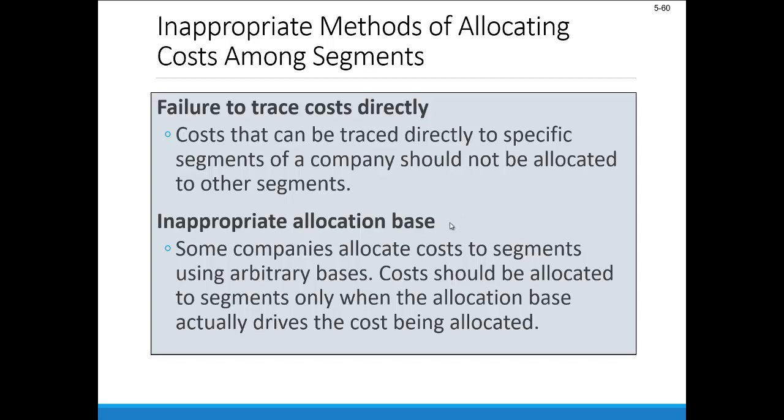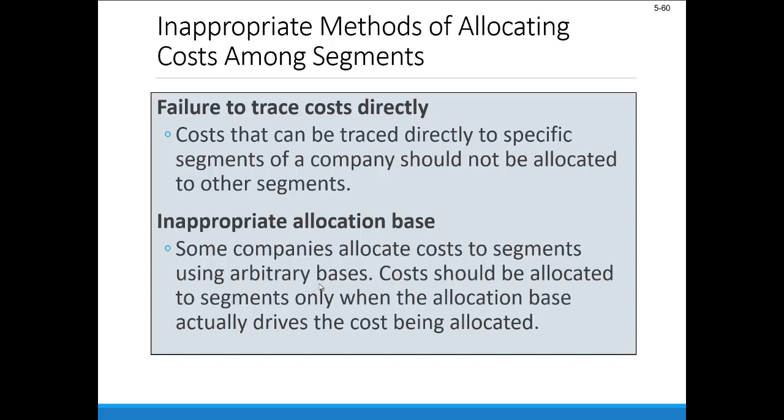And then the second would be inappropriate allocation base. So some companies do allocate cost to segments using bases that appear at least arbitrary. So some volume measure, some consumption measure, maybe relative sales value and things like that. Costs really should be allocated to segments only when the allocation base actually drives the cost being allocated.